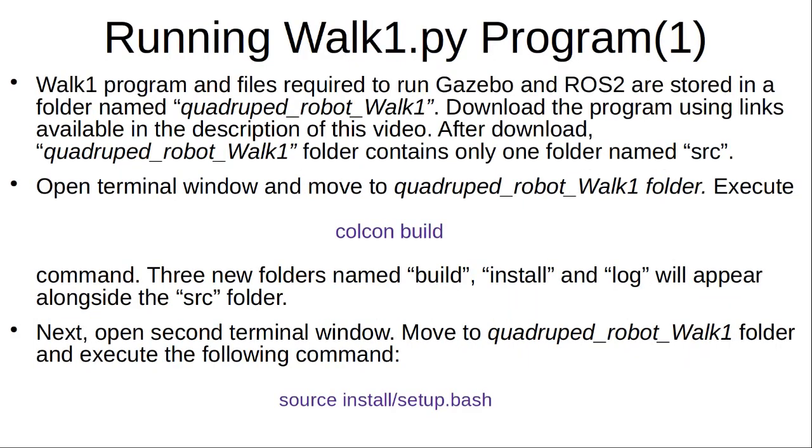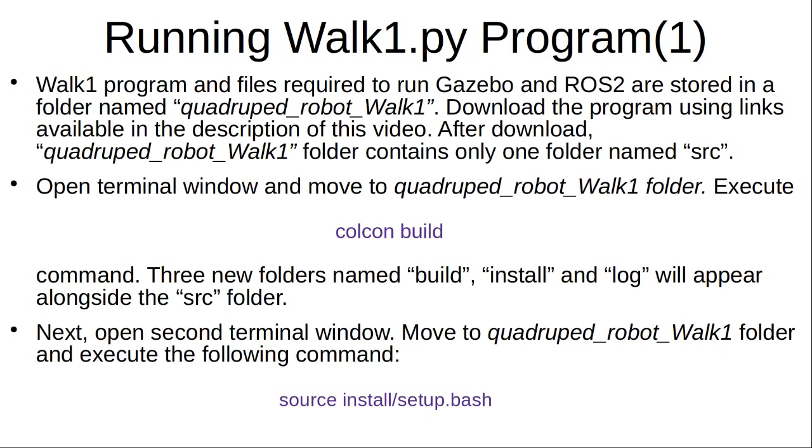Running Walk 1 program. Walk 1 program and files required to run Gazebo and ROS2 are stored in a folder named Quadruped Robot Walk 1. Download the program using links available in the description of this video. After download, Quadruped Robot Walk 1 folder contains only one folder named SRC.